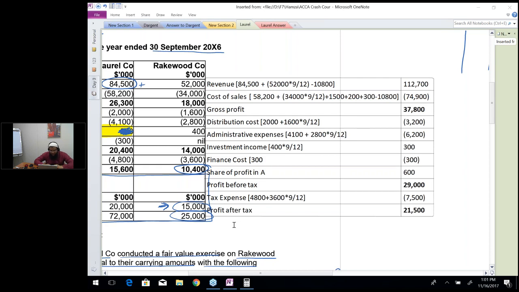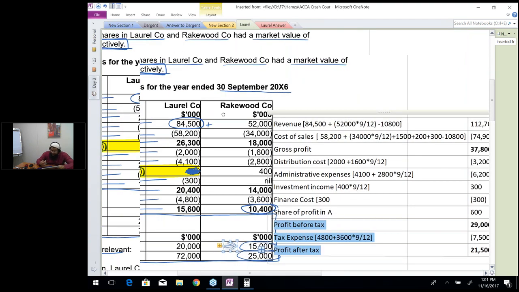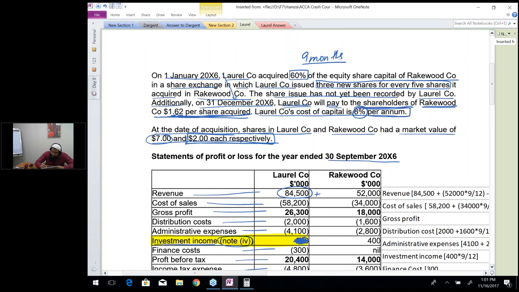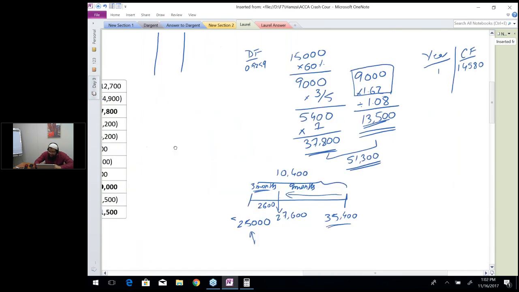Okay, but I think we have left one more thing. The question was silent about whether the finance cost has been recorded for the deferred consideration. So if we see, we have calculated the deferred consideration as being 13,500.